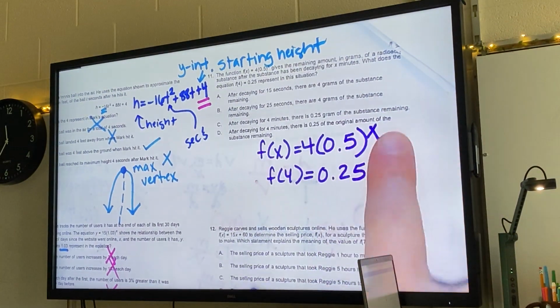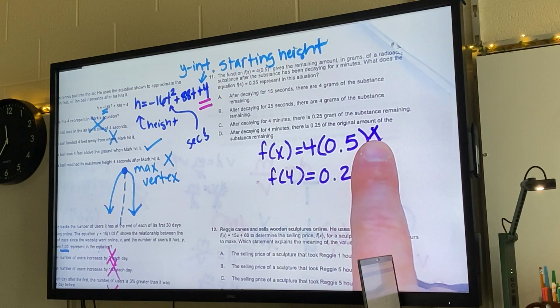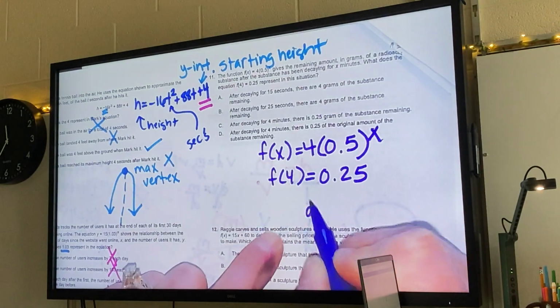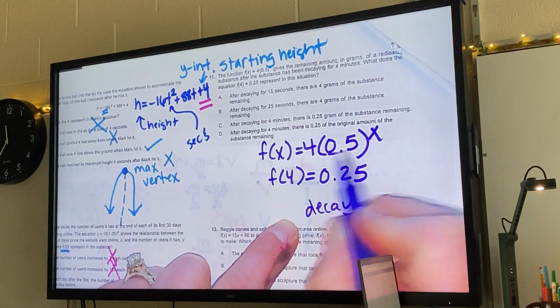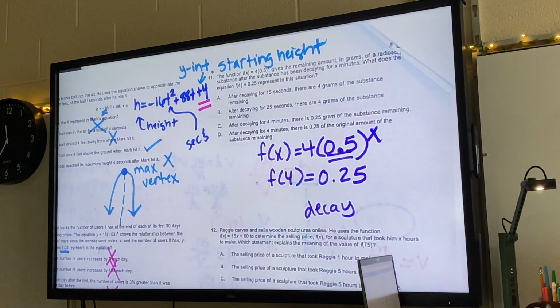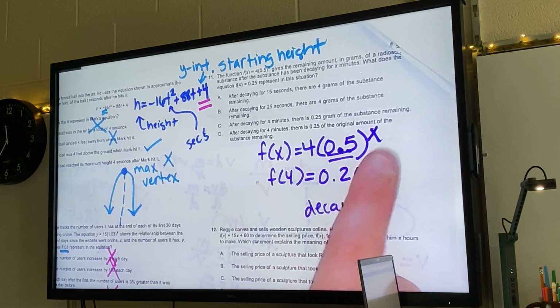So, what kind of function is this? Where the variable is an exponential. Good. So this is exponential, and it's decay because this is only a half, so it's in between 0 and 1. So if I see a 4 right here, that means I'm plugging in 4 for x.